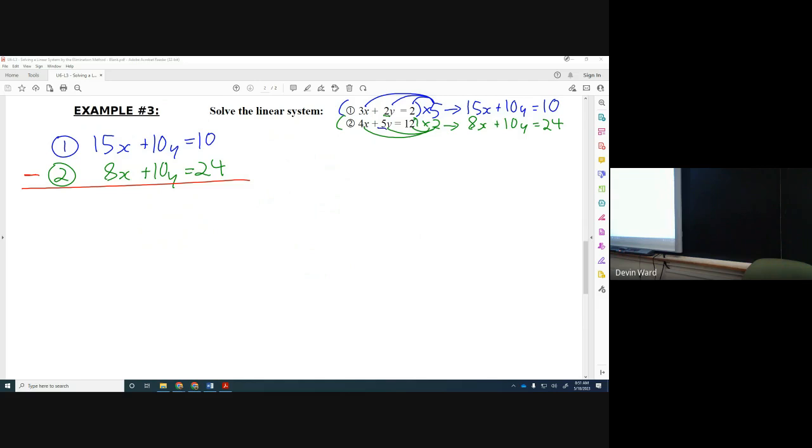Yep, so next, shove it into either equation 1 or equation 2. 3 times negative 2 plus 2y equals 2, or 4 times negative 2 plus y equals 12. So either way it works. Yep, because we solve for y.